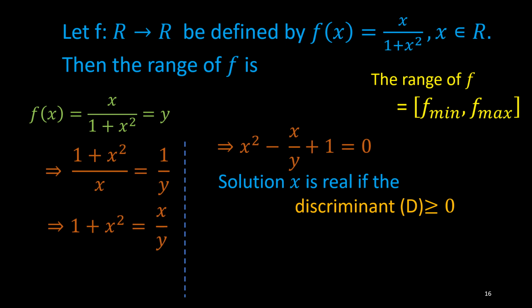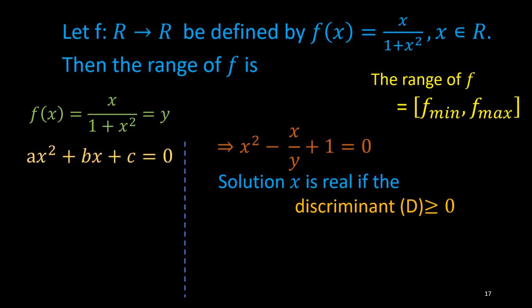So what is the discriminant? If I consider a quadratic equation like a x squared plus b x plus c equals 0, we can define the discriminant as D equals b squared minus 4ac. That discriminant we can compute, and we set it greater than or equal to 0.